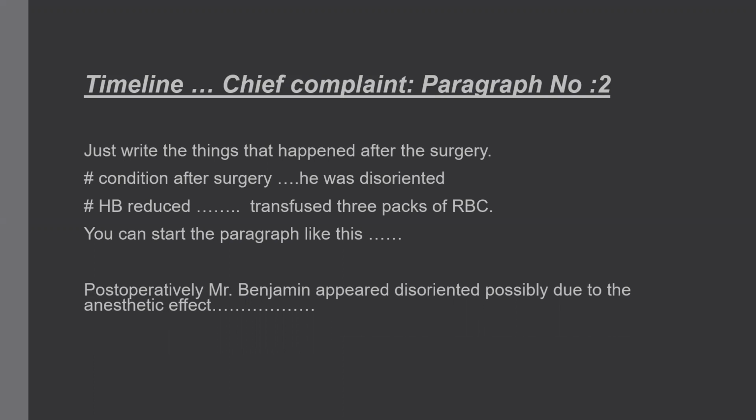That is 2 paragraphs over, and the next are the 3rd and 4th paragraphs. That is for the background. That means your medical background and social background. And here there is nothing to do with the social background because they know him very well. So we are going to write about the medical background. That also not the previous one, but right now what's happening with him. So after the surgery, his mobility improved.